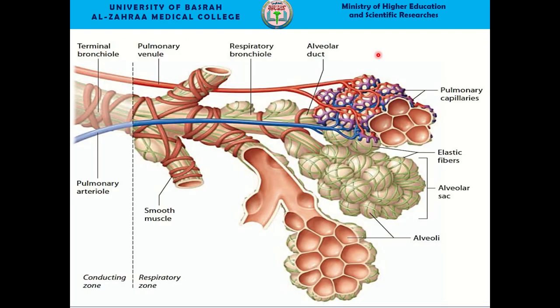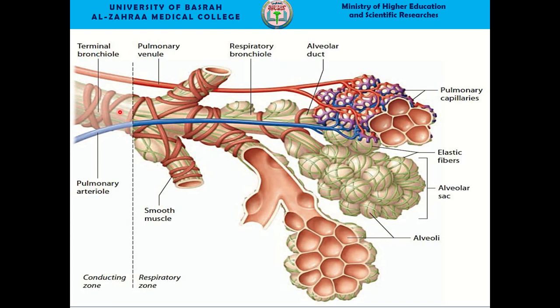So let's remind you about the basic structure of the lung. In the lung, we have, as you can see here, the terminal bronchiole.